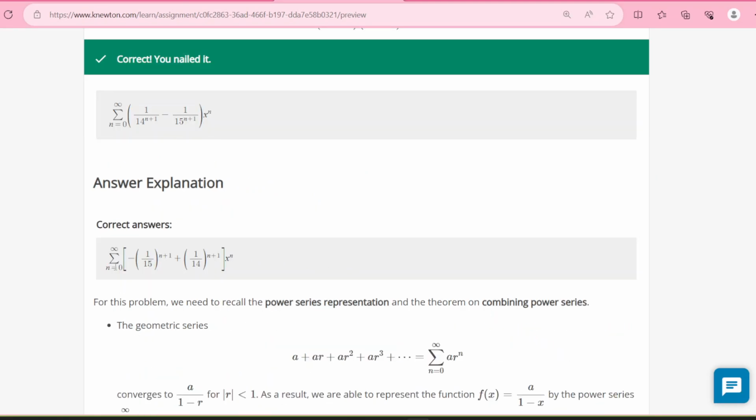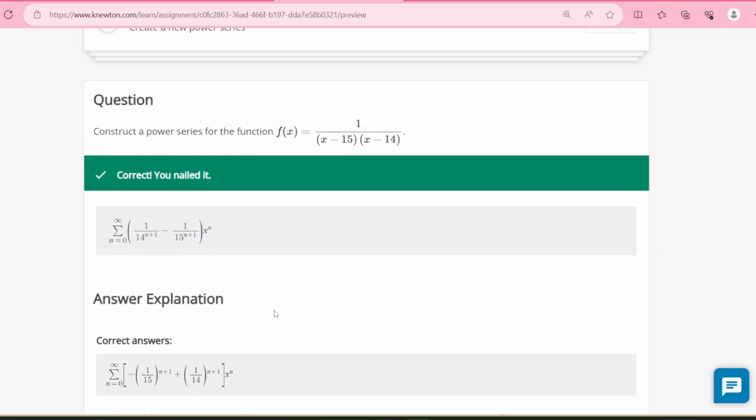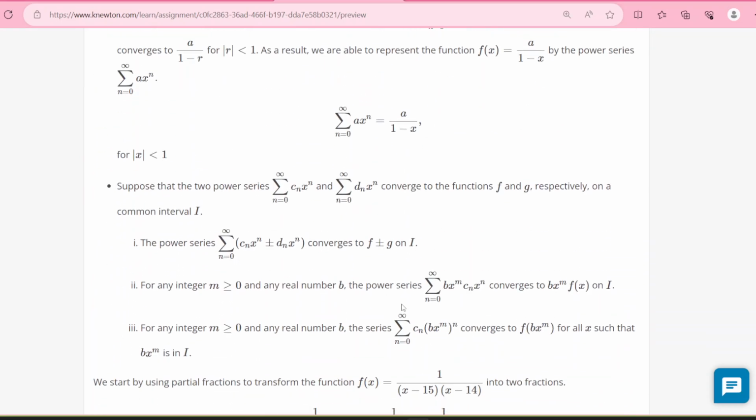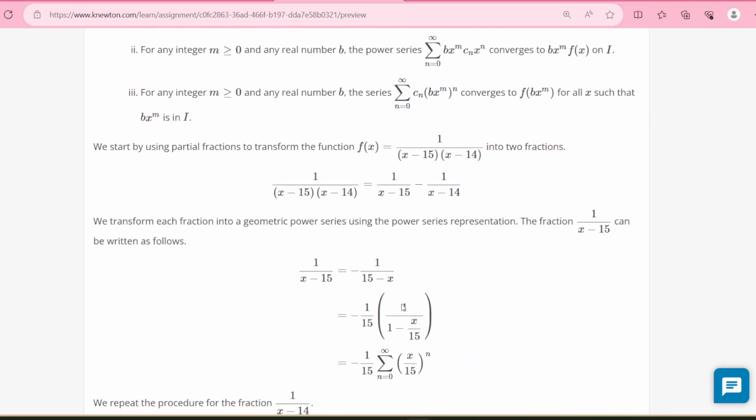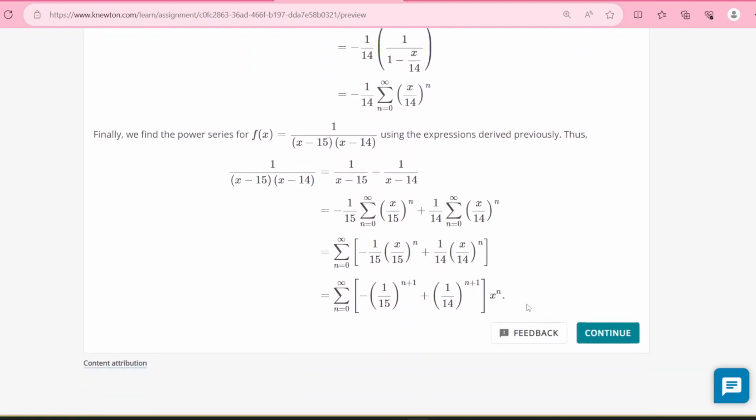Yes. They had it written a little differently with the brackets, but it's the same value, so they said I nailed it. Great. They did the partial fraction stuff and all the same work I just showed you. Wonderful.